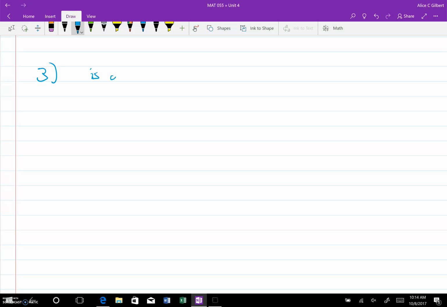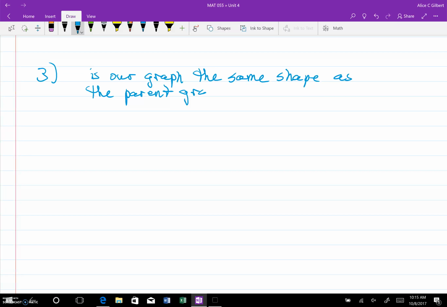is our graph the same shape as the parent? That's why we need to know the parent graph so well.